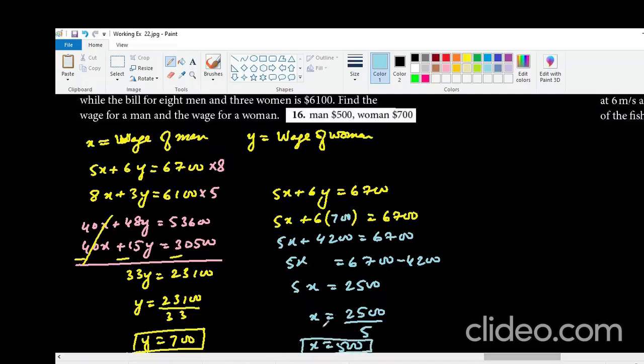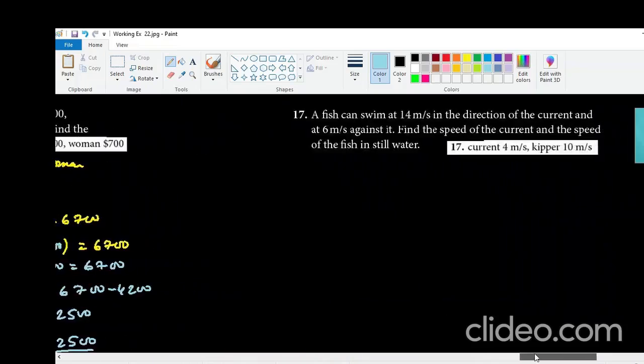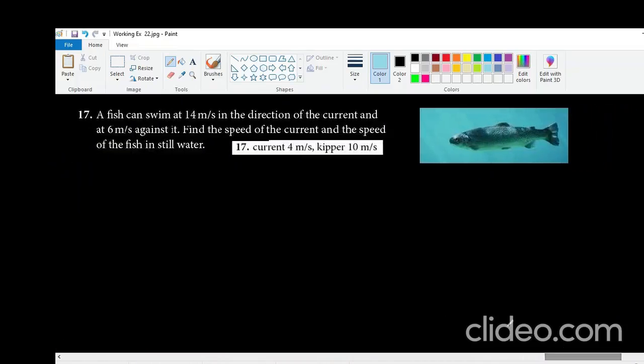Now moving on to the next question, which is question number 17. It says a fish can swim at 14 meters per second in the direction of the current and against it is 6 meters per second. Find the speed of the current and the speed of the fish in still water. In question number 17, it says that swimming with the current is equal to x plus y.